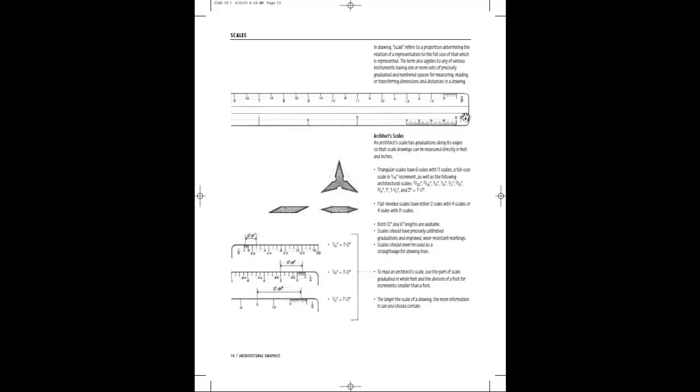And just as an example, on the opposite end of the 3/8 of an inch would be a 3/4 inch scale. 3/4 of an inch equals a foot would be shown on the other end, so that these scales are versatile enough that if you've got 4 scales on each side, you actually end up with 12 scales total on an architectural scale. The fully divided on the engineers, you will see that they only read from one direction.